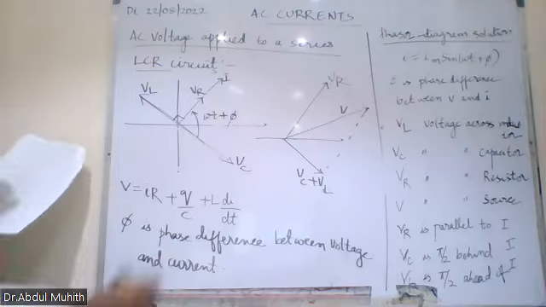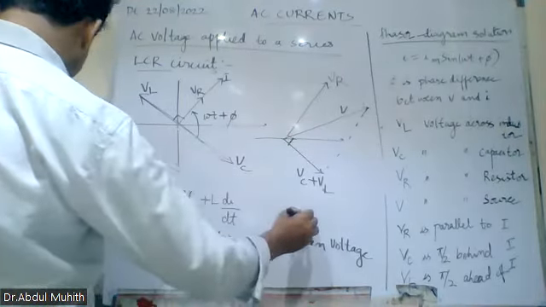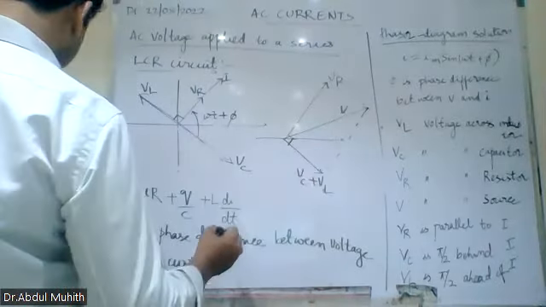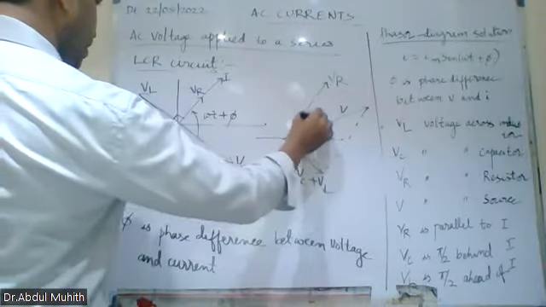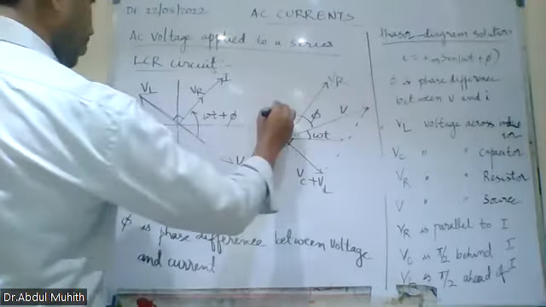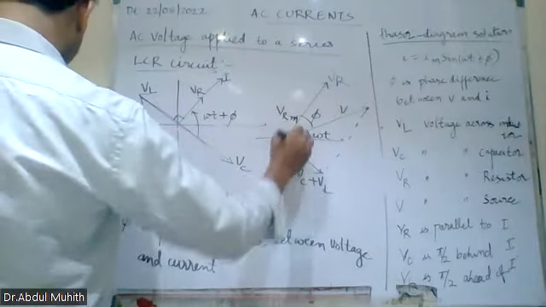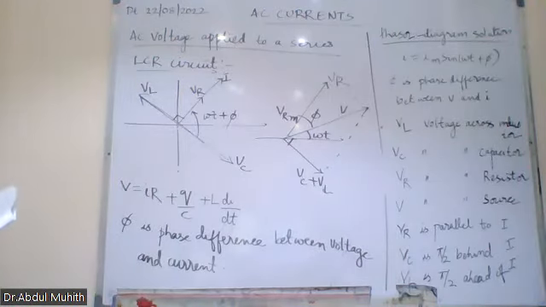Now the angle between both of them is again 90 degrees. Then this is VC plus VL. This is VR. This is omega t, and this is phi. Is it clear now? Yes, sir.